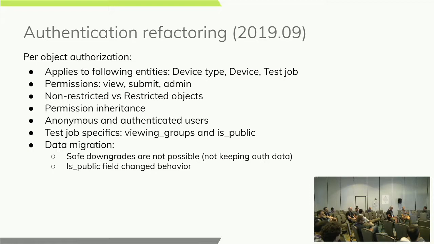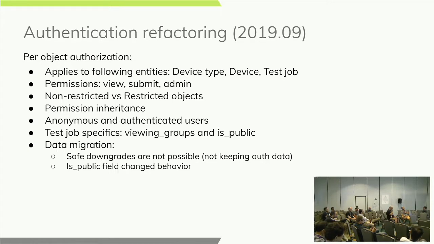So once you upgrade to 2019.09, you will not be able to downgrade and have those previous authorization settings from before. There was the, what was the name of the field, the device type, I don't remember. Anyway, this is just a big consideration to keep in mind.